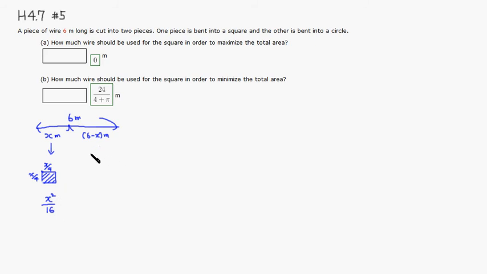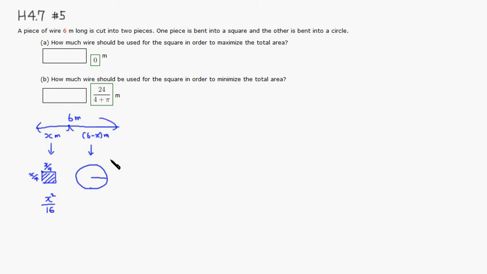Then the other portion is going to be a circle. We're going to make a circle using the other piece. To find the radius, we have to solve this equation.